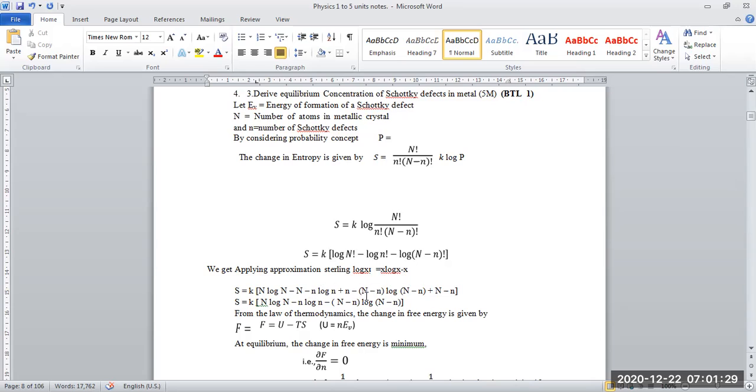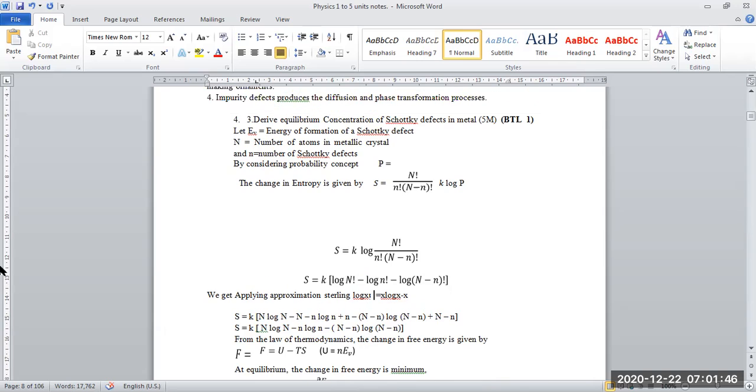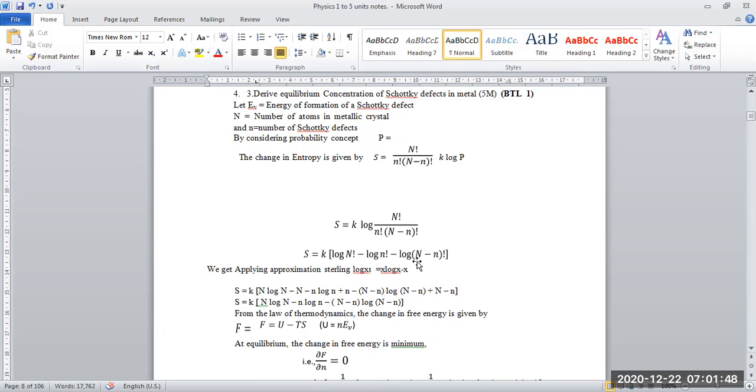So capital N minus small n log of capital N minus small n. So x log x form, you can see instead of x, what is there? Capital N minus small n. So I have written here capital N minus small n log of capital N minus small n plus. Again why plus? Again there is a minus here, so this minus into minus will get plus. So capital N minus small n.